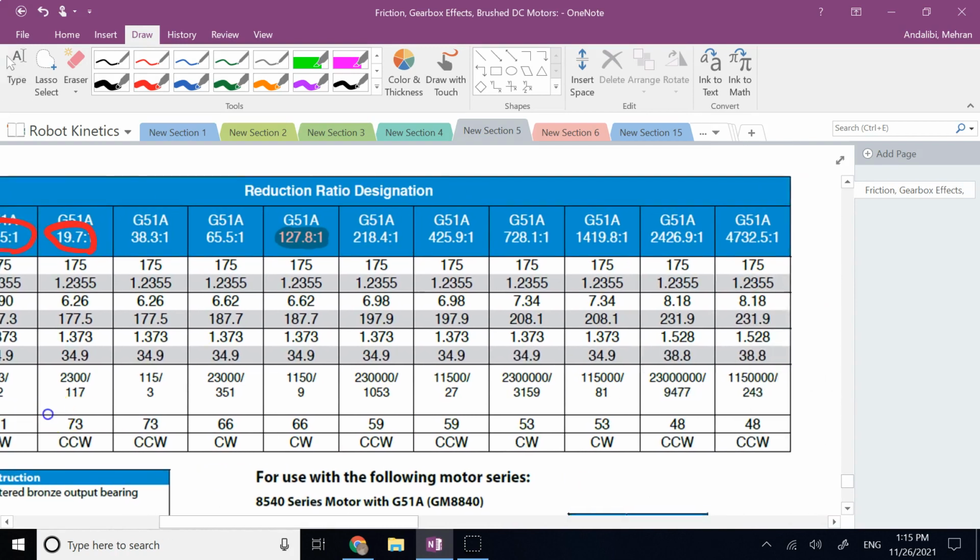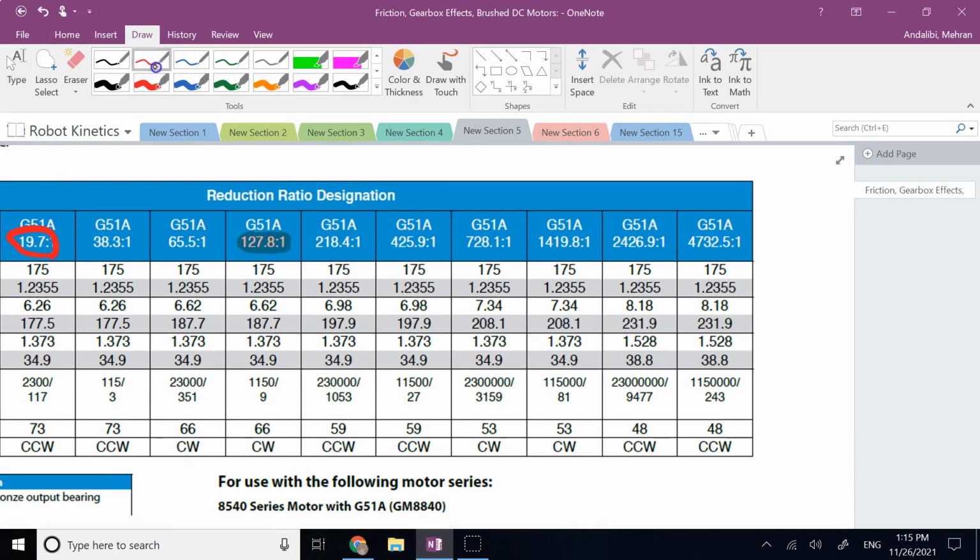You can go all the way to as high as basically 4,700. So this is a huge amount of reduction here. This is your R, and if you square that number, 5,000, just imagine how big that number is.